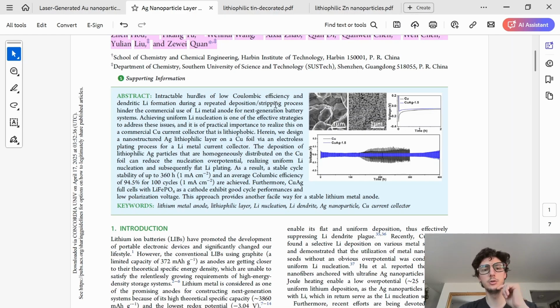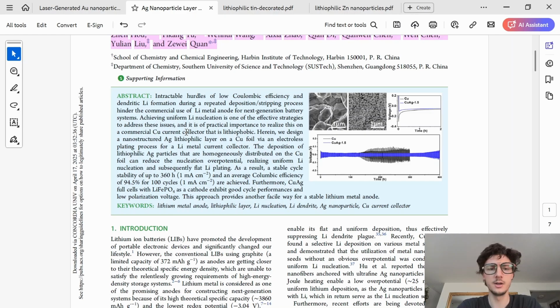Intractable hurdles of low coulombic efficiency and dendritic lithium formation during a repeated deposition/stripping process hinder the commercial use of lithium metal anode for next generation battery systems. Achieving uniform lithium nucleation is one of the effective strategies to address these issues, and it is of practical importance to realize this on a commercial copper current collector that is lithophobic.